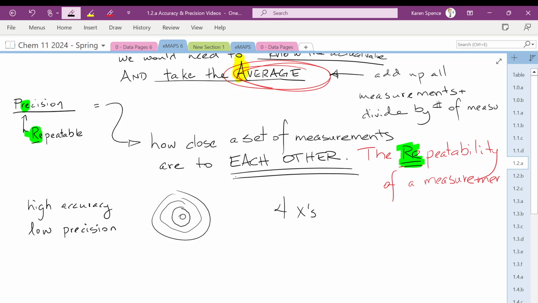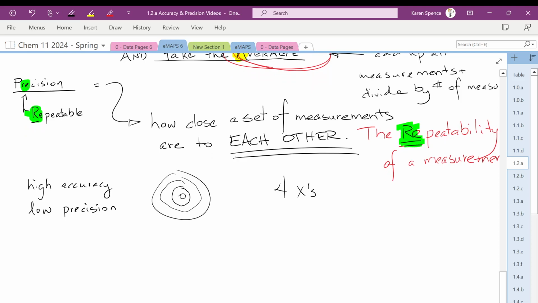High accuracy but low precision. So just draw yourself, and if you don't want to draw the whole target, you can just draw the circle and put a dot in the middle, okay? See if you can draw high accuracy and low precision.